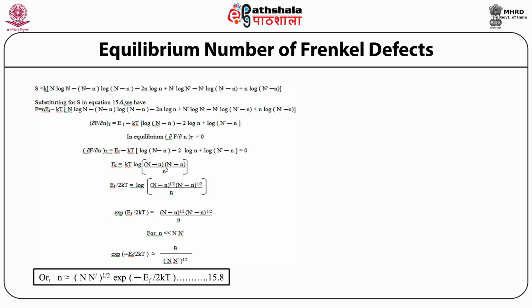For small n far smaller than capital N prime, exponential of minus EF upon 2kT is approximately given by small n upon (N N prime) raised to 1 by 2, or small n is approximately given by (N N prime) raised to 1 by 2 exponential of minus EF upon 2kT, which is expressed as equation 15.8.